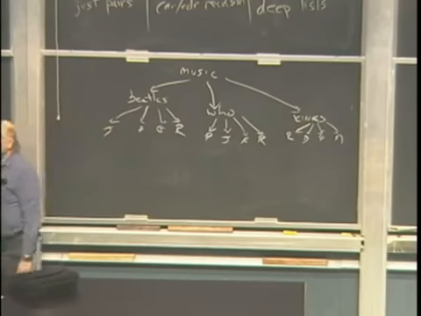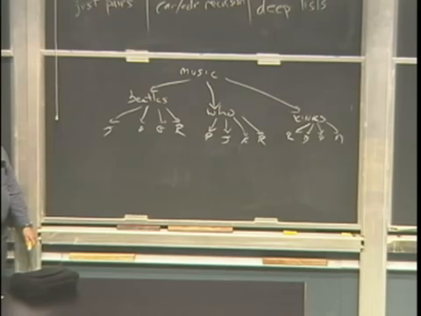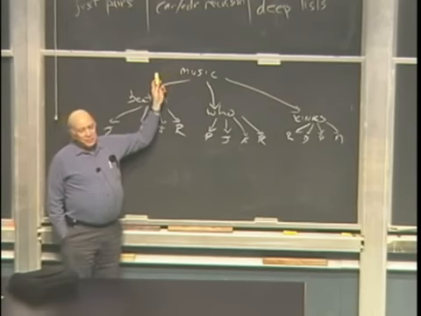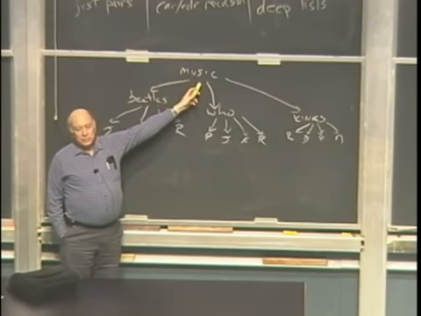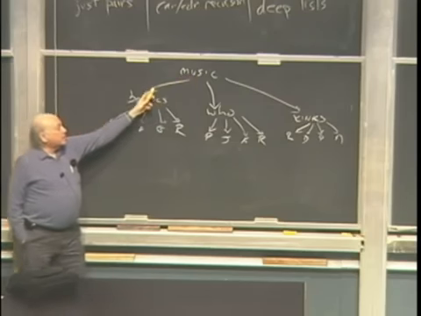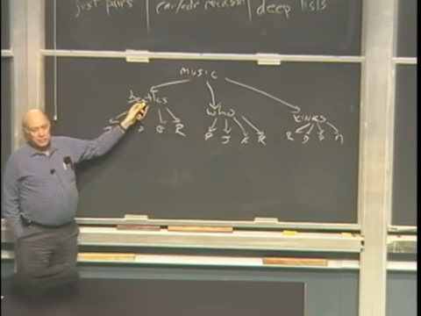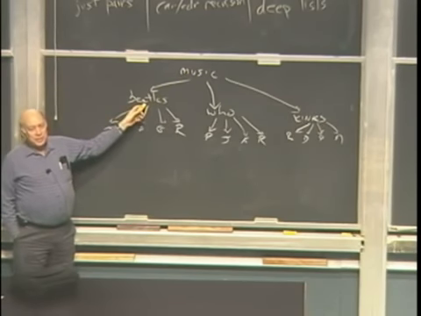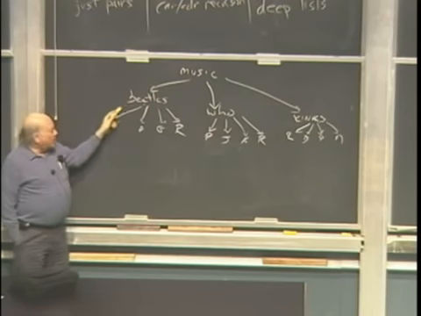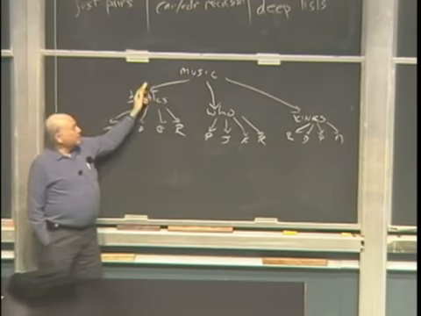Well, there are two basic ways I can do that. They're called depth first and breadth first. Depth first says, okay, I've printed out the word music. Now what I'm going to do is look at the first child. So far we could be in either breadth or depth first. And when looking at the first child, it's a tree, and I'm going to look at the whole thing.